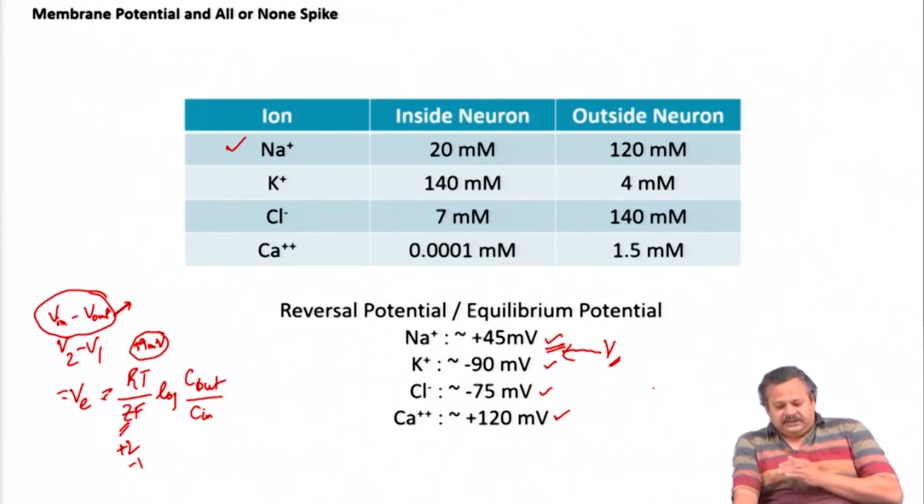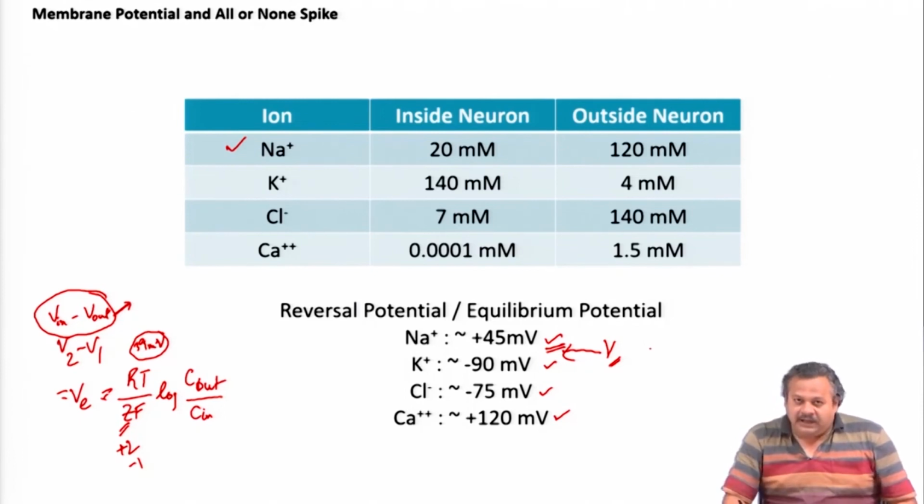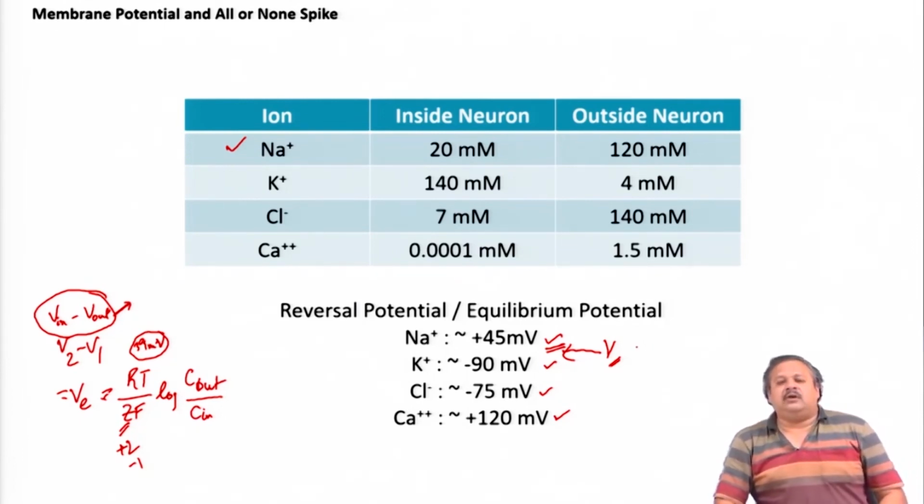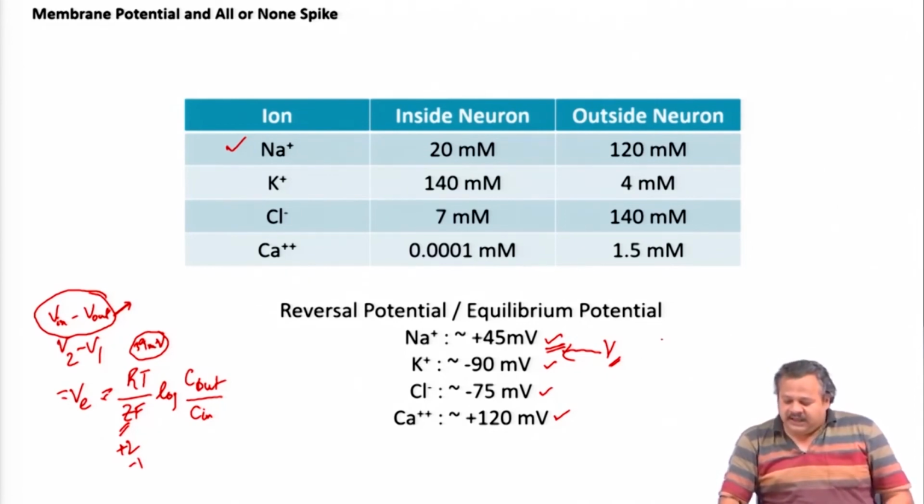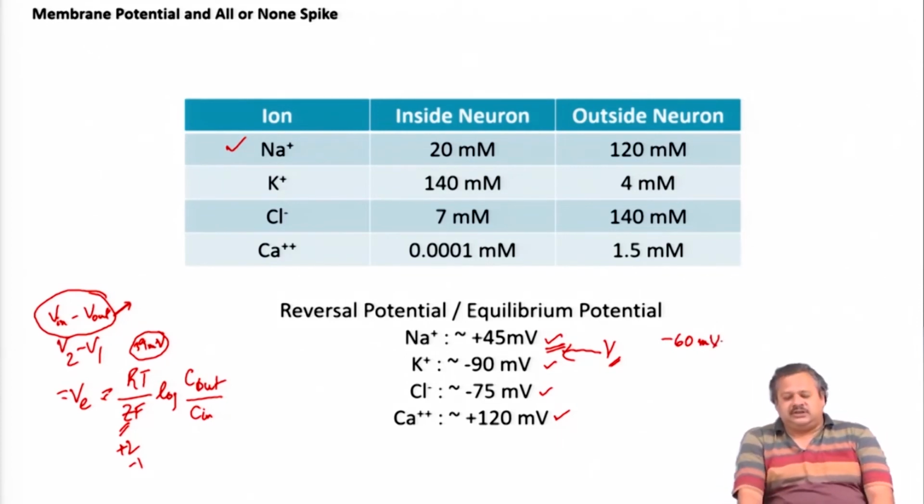So, let us take a step back. We have said that earlier there is a resting membrane potential, and so that means that at equilibrium, that is when the neuron is left undisturbed, the membrane potential stays around -60 millivolts. This can vary from neuron to neuron and based on state, but it is approximately around this value.